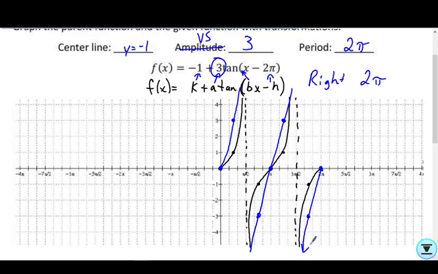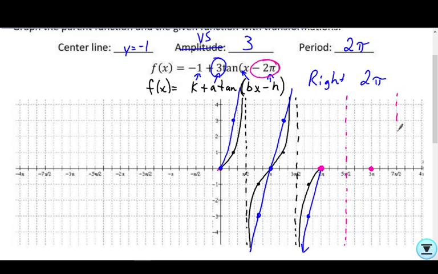And next, I'm going to do this part next. I'm going to move it to the right 2 pi. So this moves to 2 pi. My asymptote moves to 5 pi over 2. This 0 moves to 3 pi.